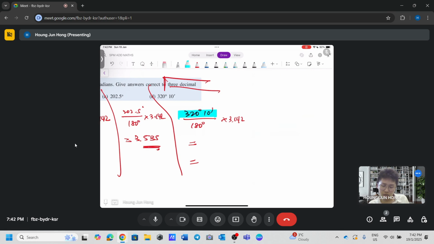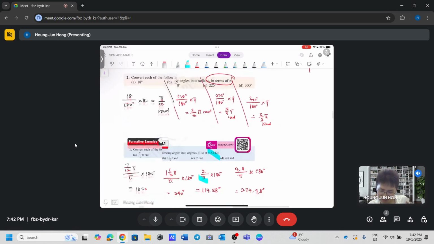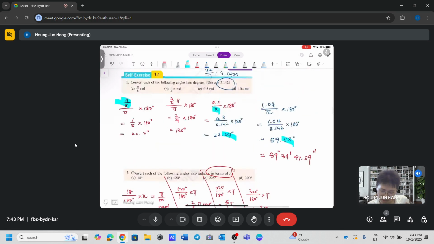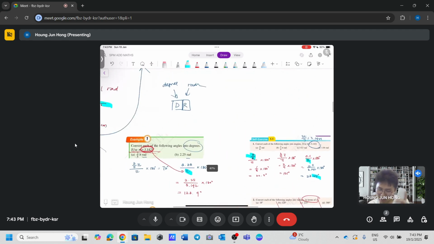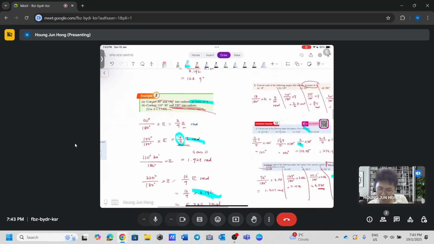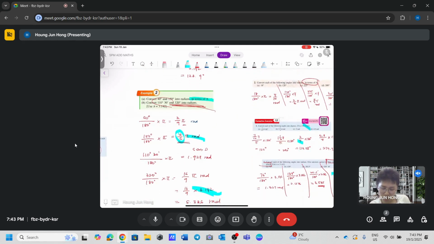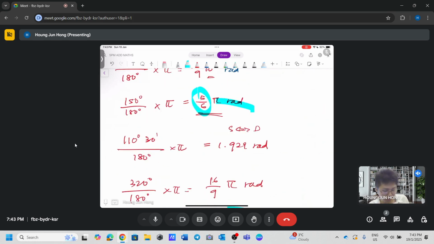Wait, sorry. I think my calculator was operating in Radian format. Is that the reason? Did I do anything wrong before this? Let me check. Yeah, I forgot my calculator was in Radian. You see, that is why I said always check your calculator clearly. It might be giving you Radian, not the correct mode. I think it was correct here. Was this correct? 1.929.